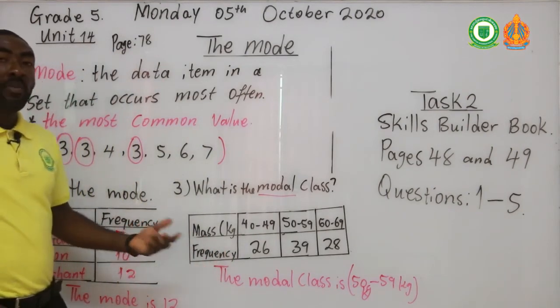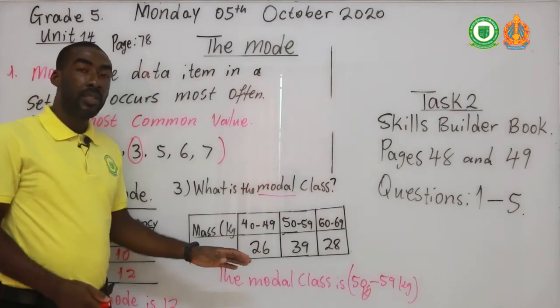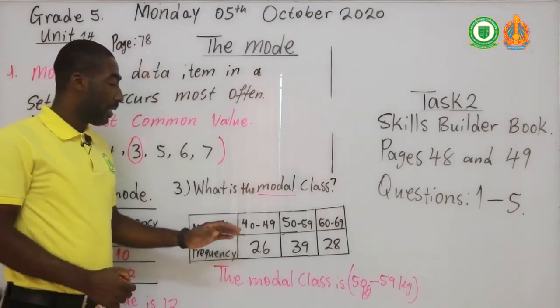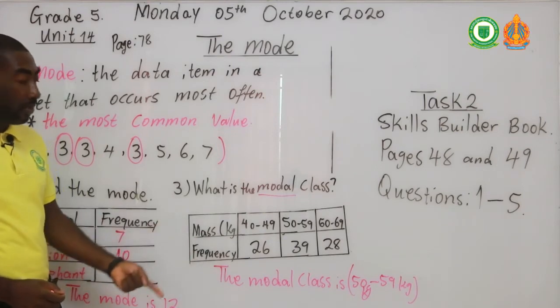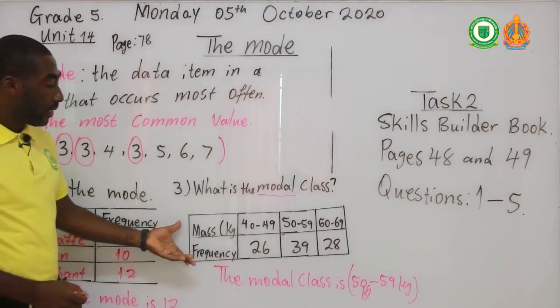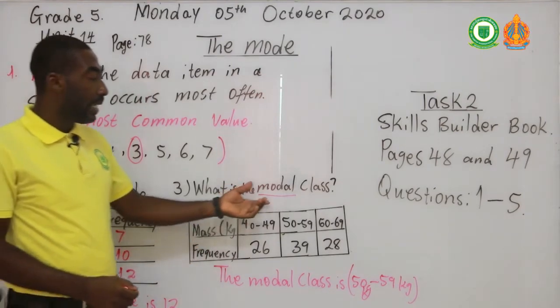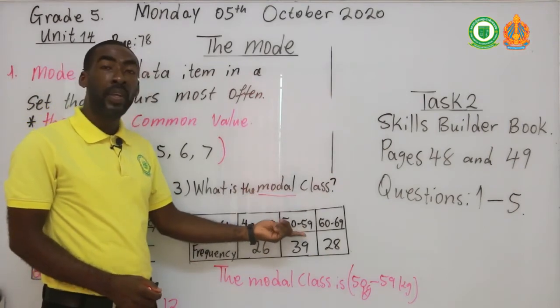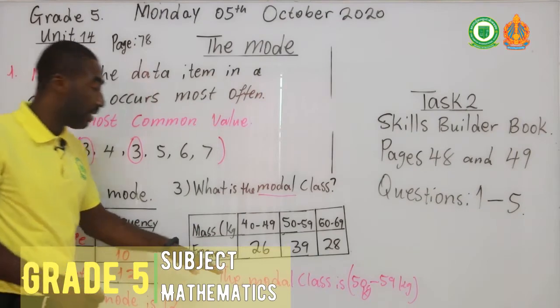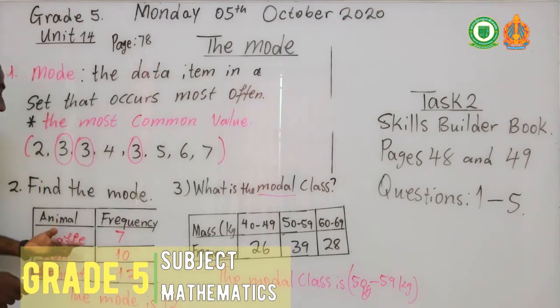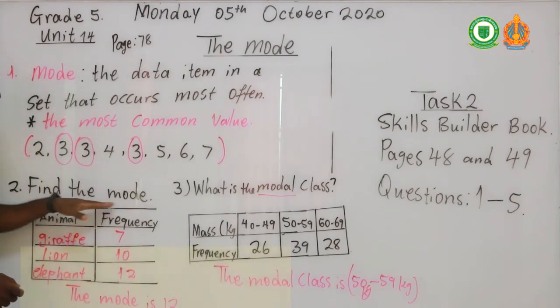So anytime you are asked a question, try to understand which category of your data you need to use to answer the question. Because in this question, we are using the modal class, which is the items or the categories that we are dealing with, not the frequency. And in our other question, we were asked to find the mode.